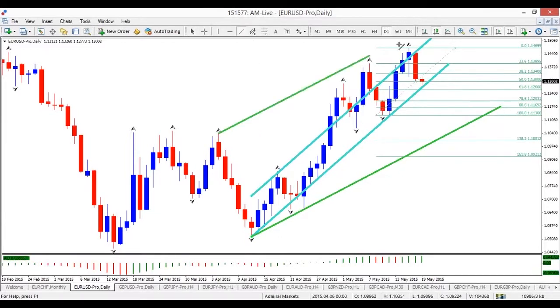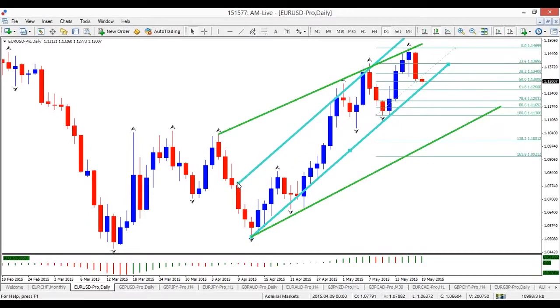And when connecting the tops, we see perhaps that the resistance was fading, showing some sign perhaps of a falling wedge, or sorry, a rising wedge as well at the very end here. Right? So we got a big, strong daily candle yesterday, sorry, at that 115 resistance.